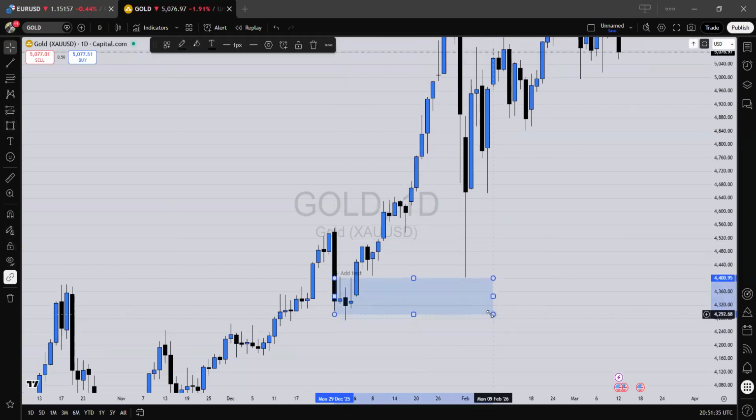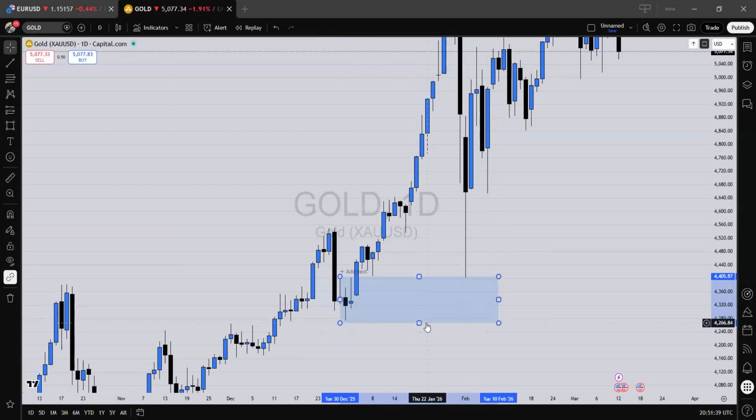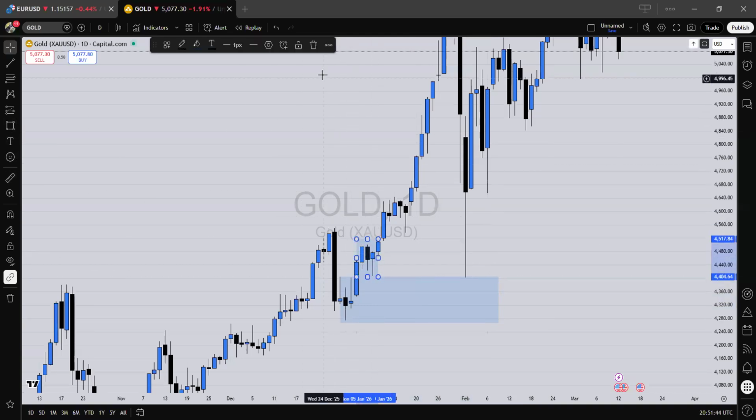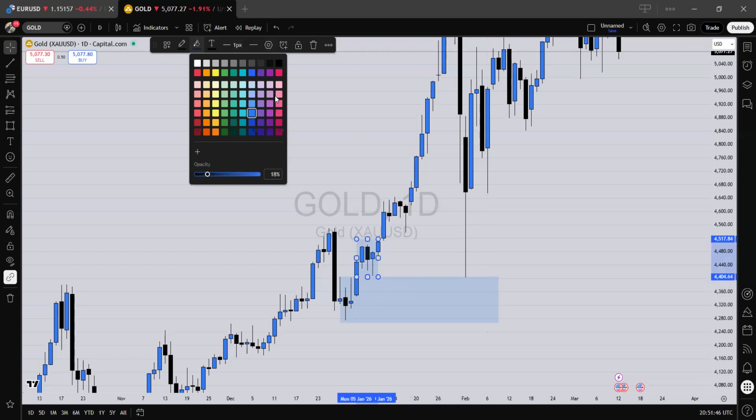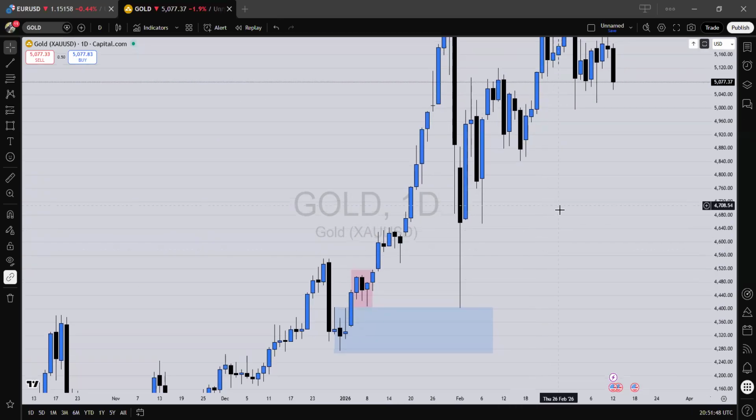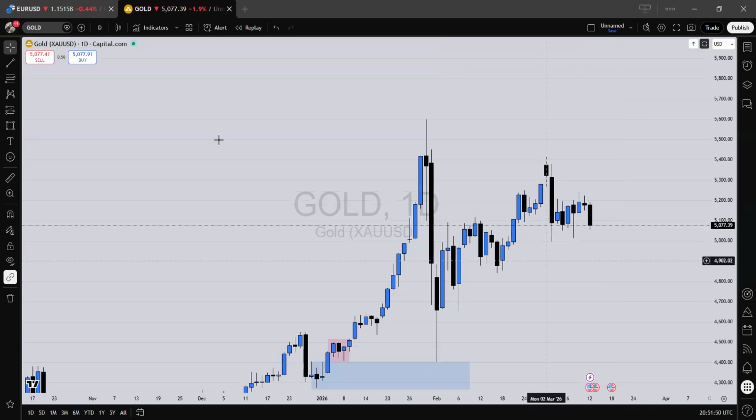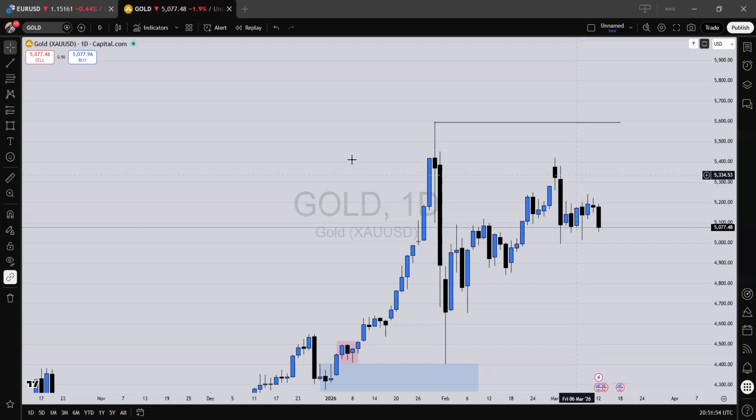We started from here. Price tapped into this POI just a bit, reading out our low structures. So we are still bullish. The high can still be taken. It's still possible, but this is the first level that I'm looking at.